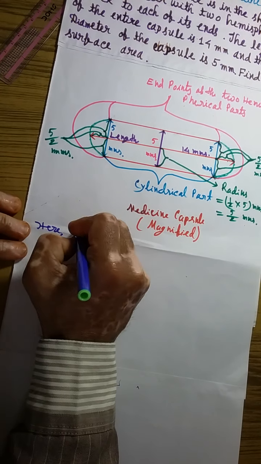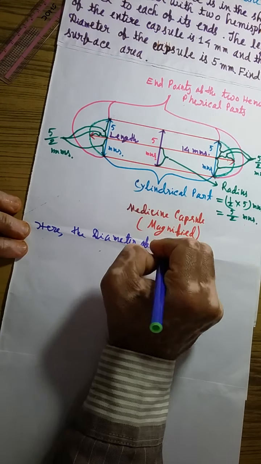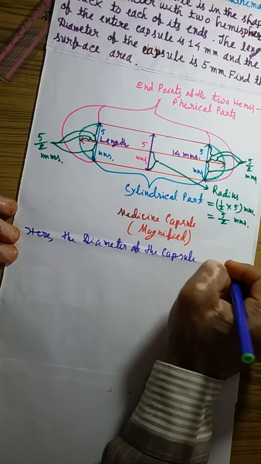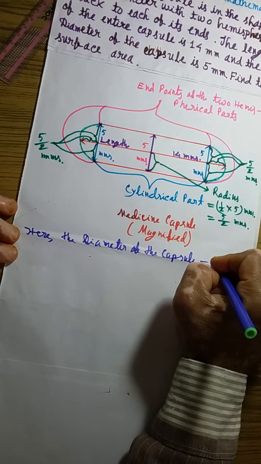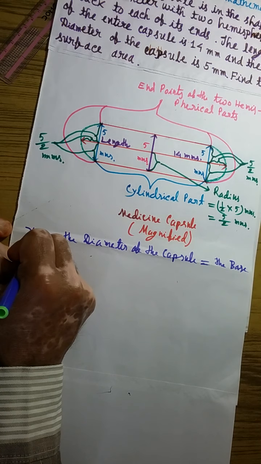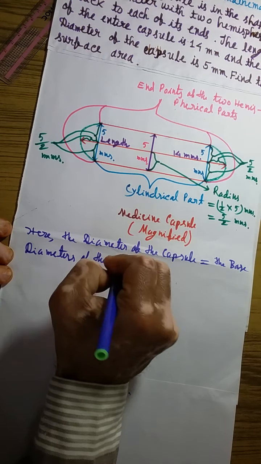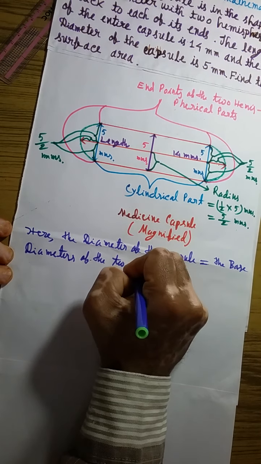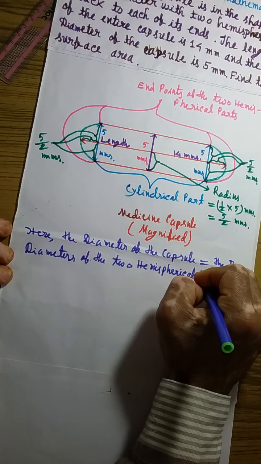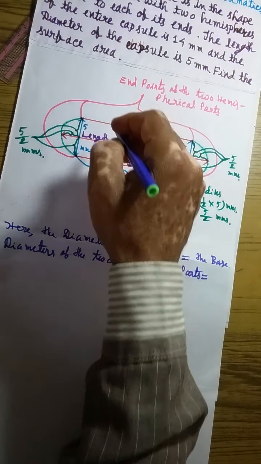Here the diameter of the capsule, that means medicine capsule, is equal to the base diameters of the two hemispherical parts, is equal to 5 millimeters.